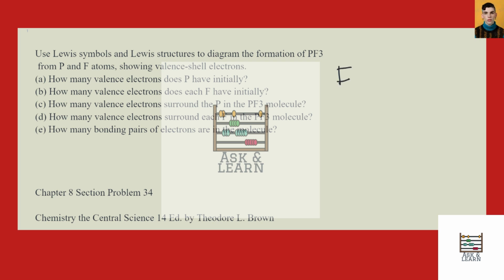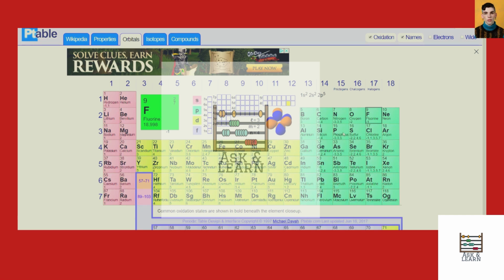Fluorine is 1s2, 2s2, 2p5. So the 2 and 5 makes 7 valence electrons. While for phosphorus, it is 3s2, 3p3.